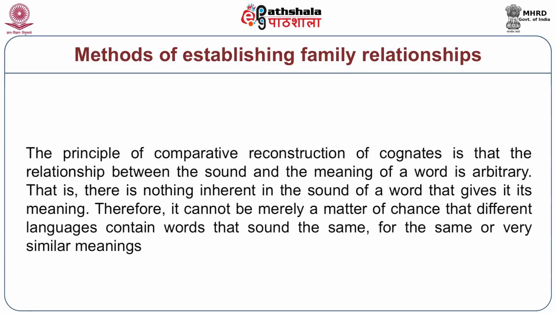Now, the underlying principle of the comparative reconstruction method is that it cannot be a matter of mere accident that different languages have words with the same kind of pronunciation and meaning.